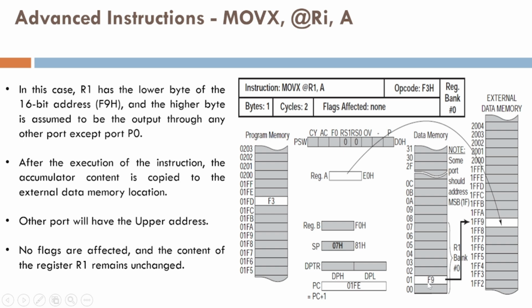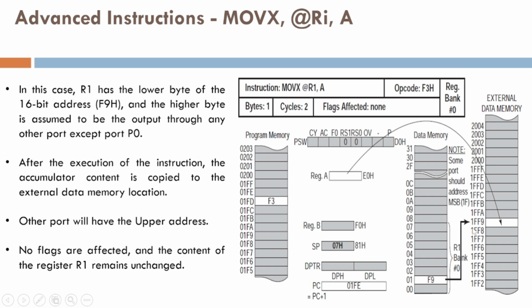Here we can see we have used R1. So we are using the R1 register in association with any of the ports, which will have 1F initially loaded into it.